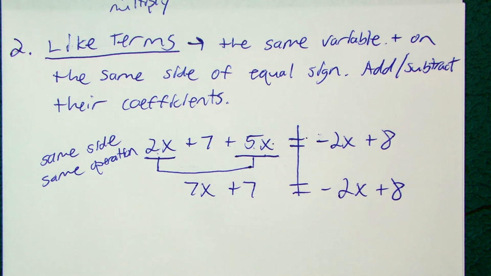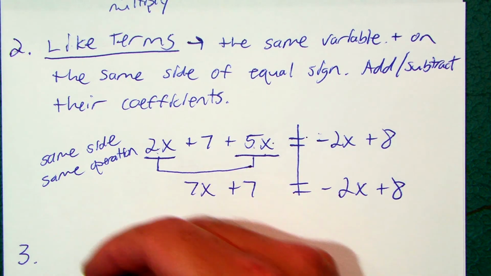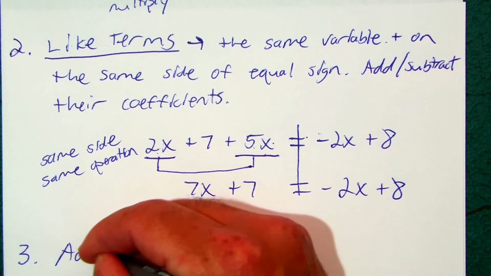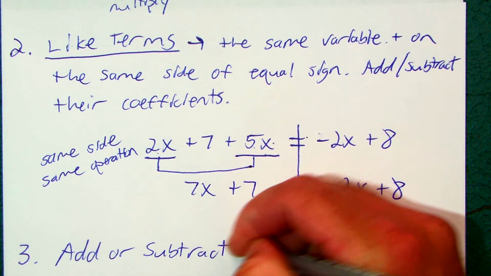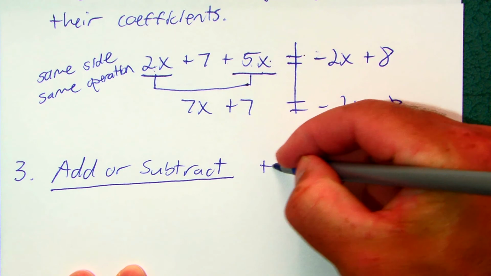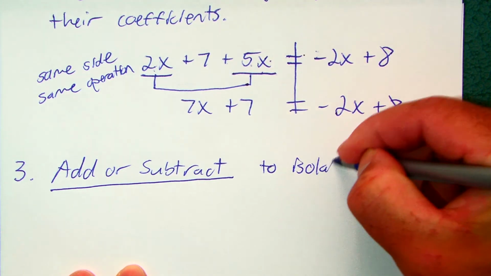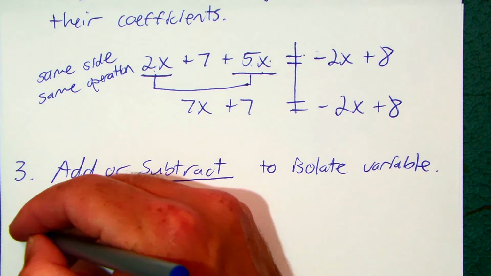But same side of the equal sign, you do the same operation. And then third, this is going back to what we've already done: you're going to add or subtract to isolate the variable. And then fourth, multiply or divide.